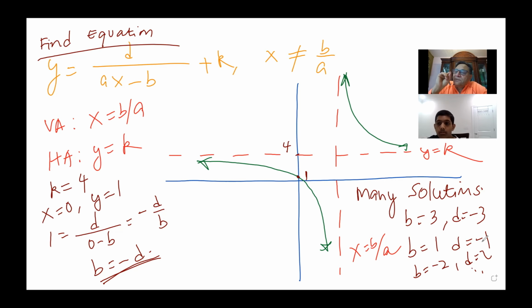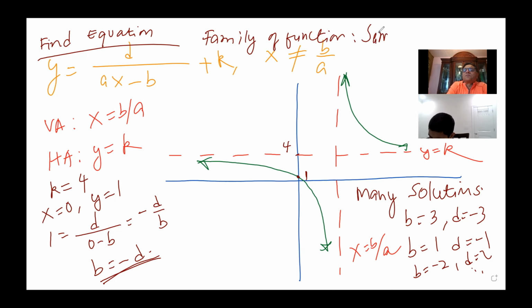But if I give you the x-intercept, then we will have a specific graph, correct? Yeah. So what we have got here is a family of graphs, a family of functions. And what is the characteristic of this family? That they have the same y-intercept. Does it make sense? Which is shown here, correct?